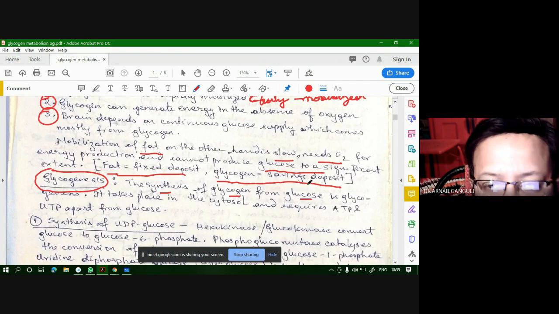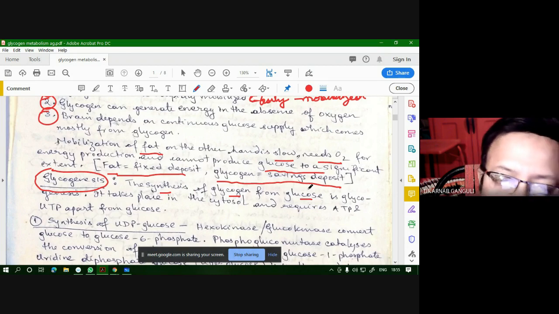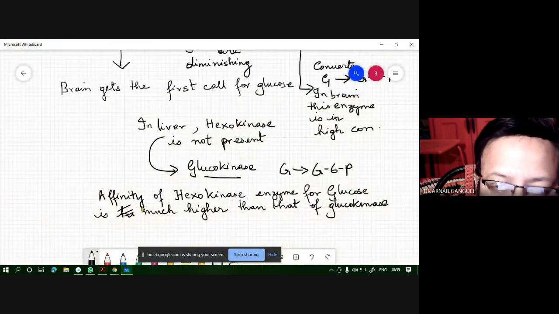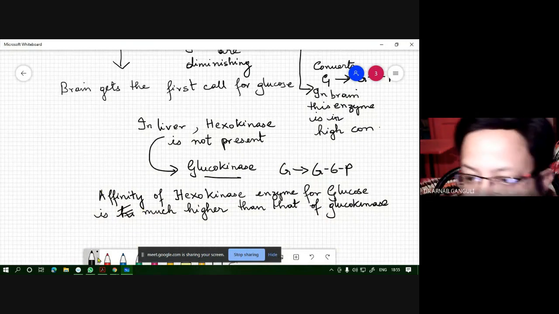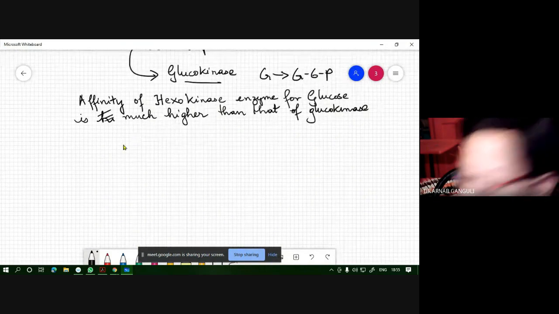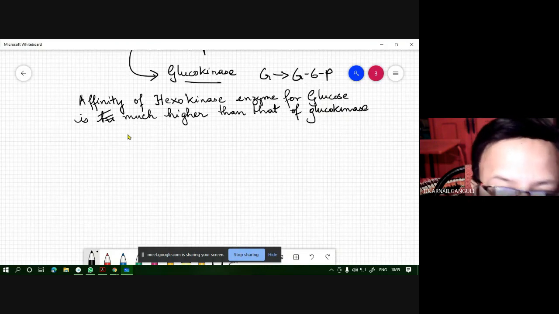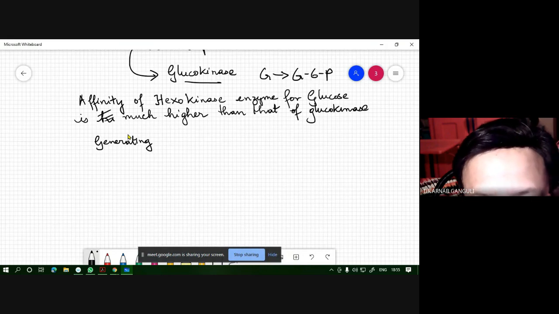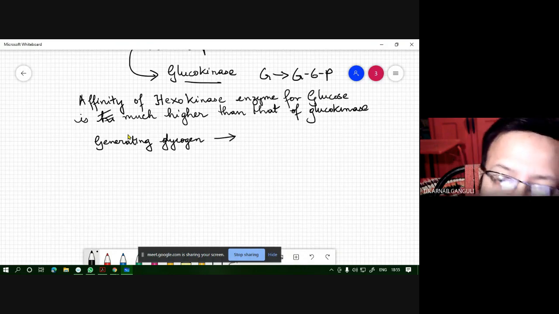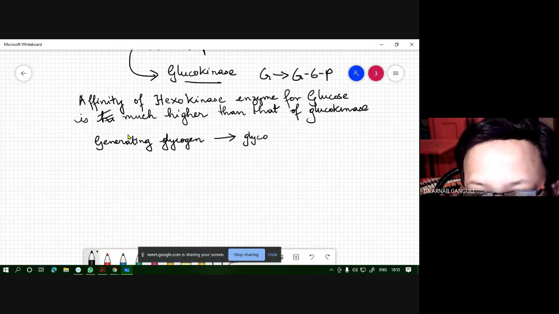When a lot of glucose is present, it is converted into glycogen.